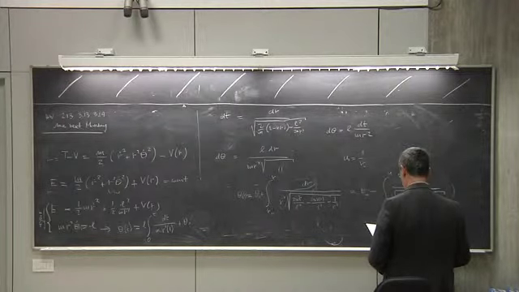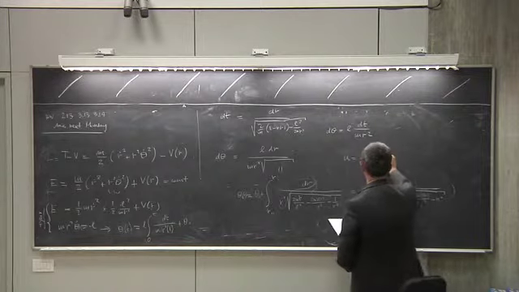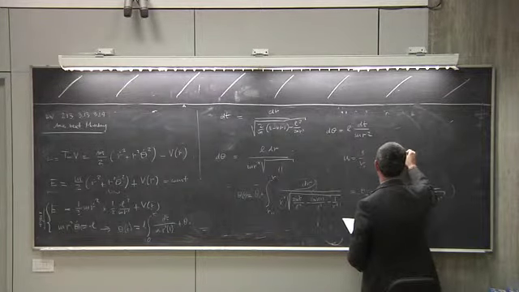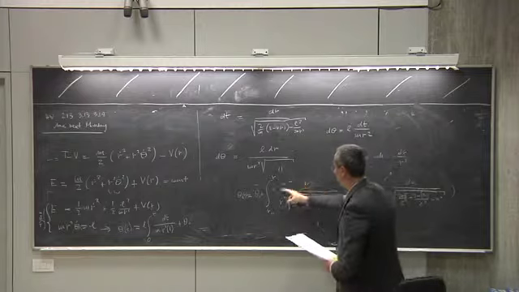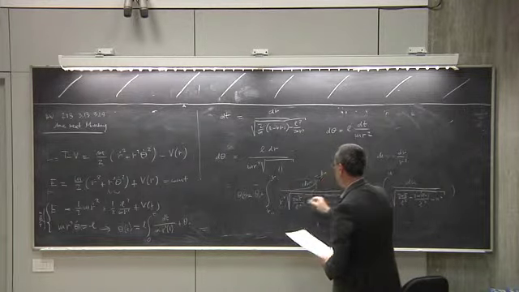Why? No, why? Because du is minus dr over r squared. So this is du, and then I simply replace.